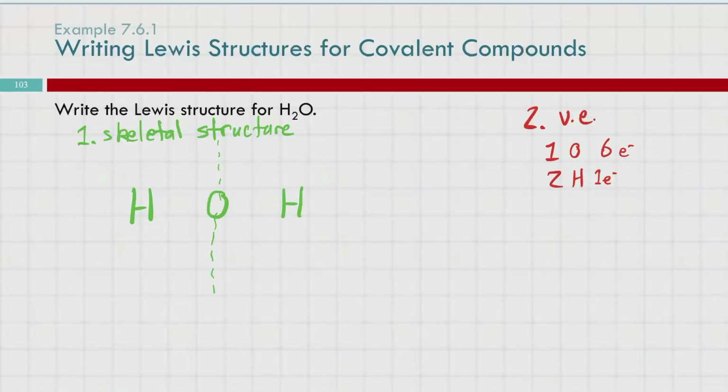And I always do this, we'll switch it. Oxygen, 1 times 6 electrons. Hydrogen, 2 times 1 electron each. So we've got a total of 8 valence electrons to play with.